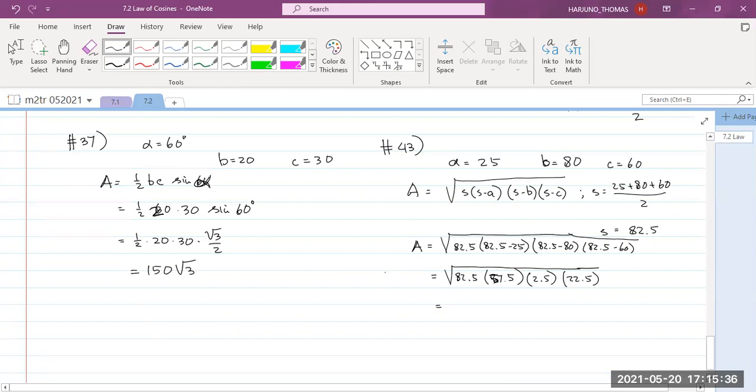I get 516.56165. That's the area of that triangle.